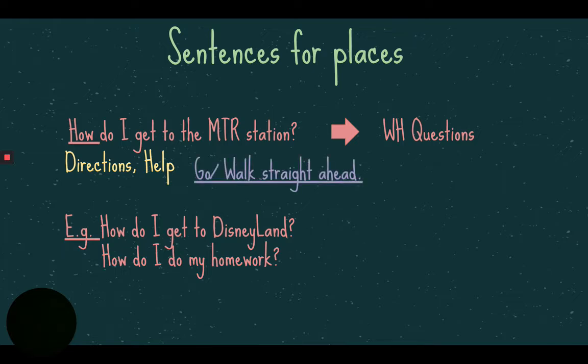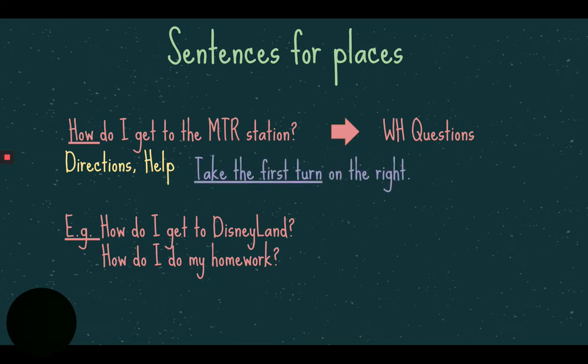Now, if you want to answer that question of how do I get to an MTR station, you can say, go straight ahead, or you can also say, walk straight ahead. Another way to answer the question is, go out of the train station.